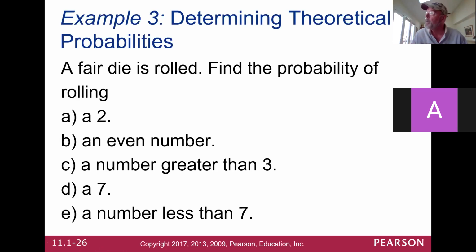Isn't that right? That's correct. Okay, and so 2 over 6 is 3. No, I'm sorry. If you rolled a 2, that would be 1 over 6.